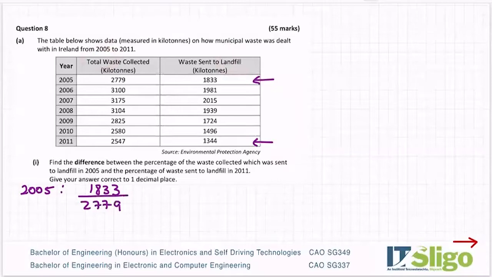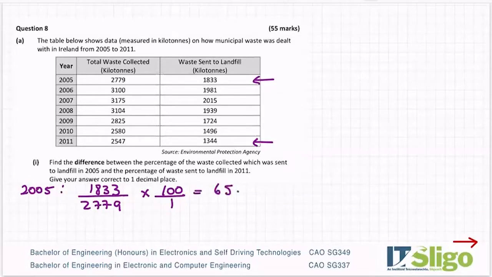And you'll notice if you put that into your calculator as is, you could get it as a fraction or a decimal, not as a percentage. So how do we convert to a percentage? Well, you multiply by 100 over 1. And that's what converts it to a percentage.